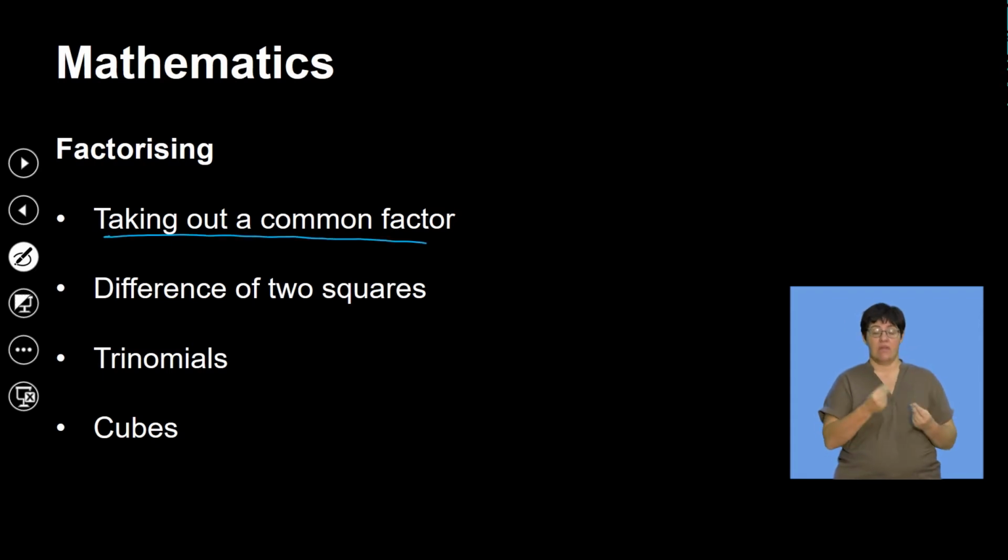One will be when we are taking out a common factor. The other one will be when we are trying to look at a difference of two squares. I will explain further what this is when we get to that point. And then also a trinomial. Remember a trinomial, we've already spoken about this. And then a cube will just be something to the exponent of 3.